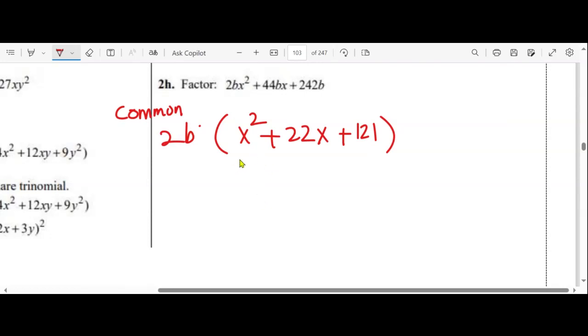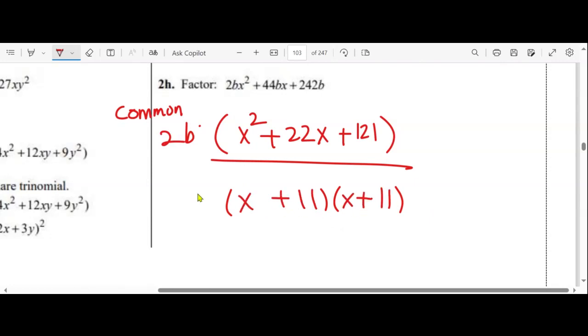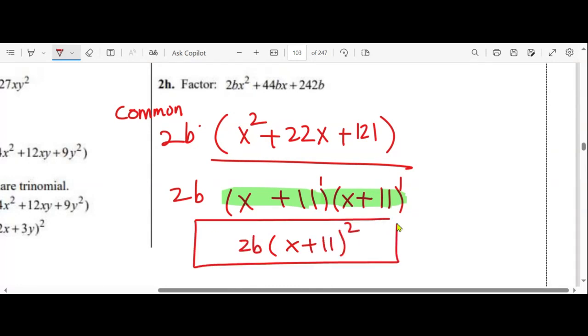Can I factor this? What do you get? X. Is that clear? And since you have the same bracket multiplied with each other, what are you going to get? Squared. Don't forget the 2b. Clear?